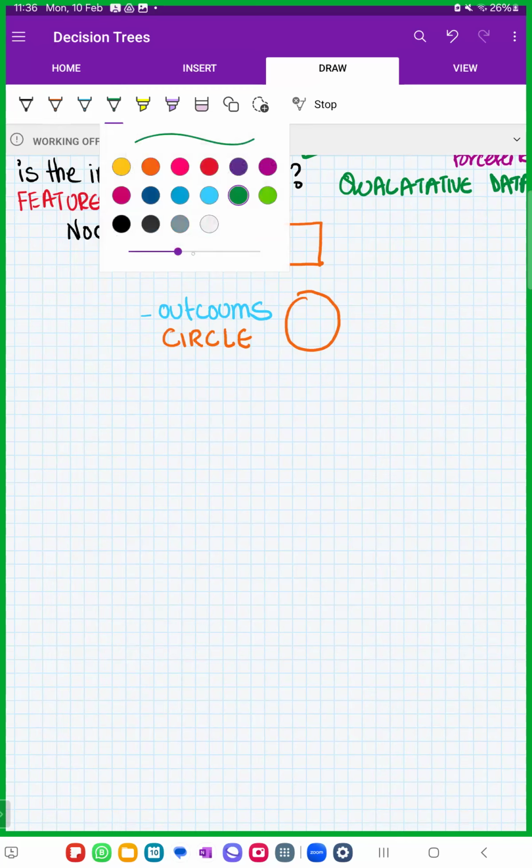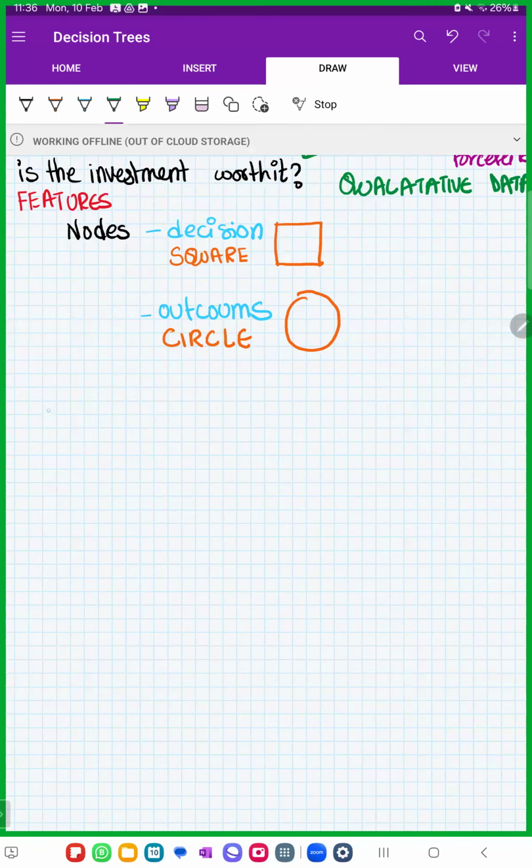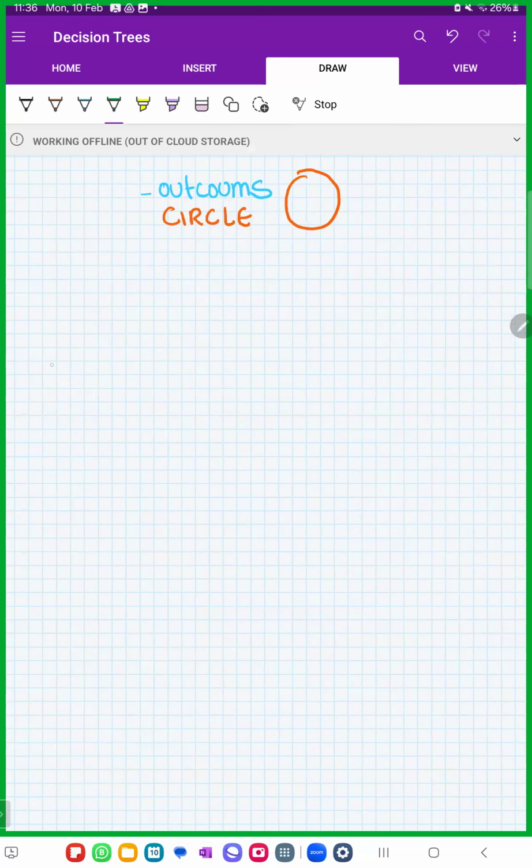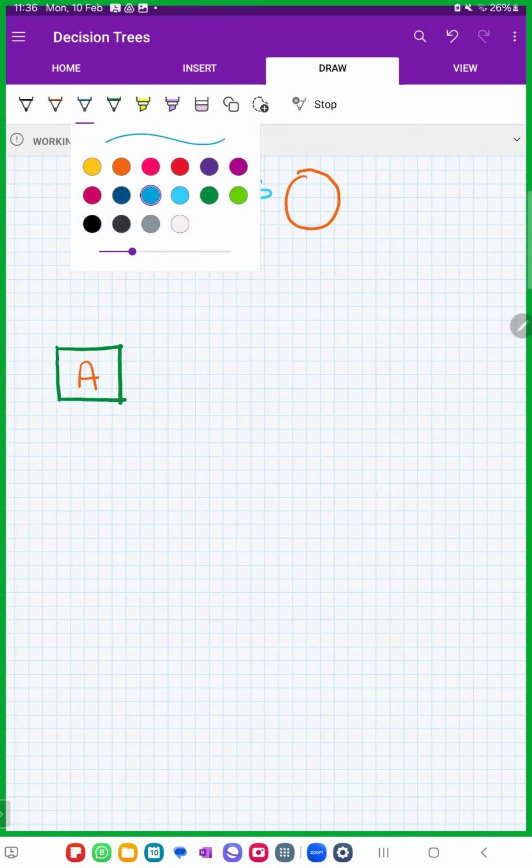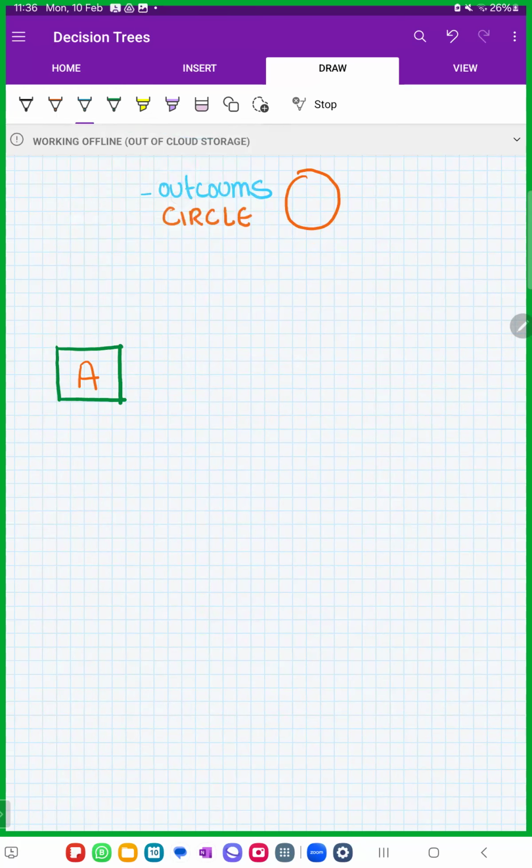So let's say I make a decision to make an investment. I started off with A over here. From that come my two options.